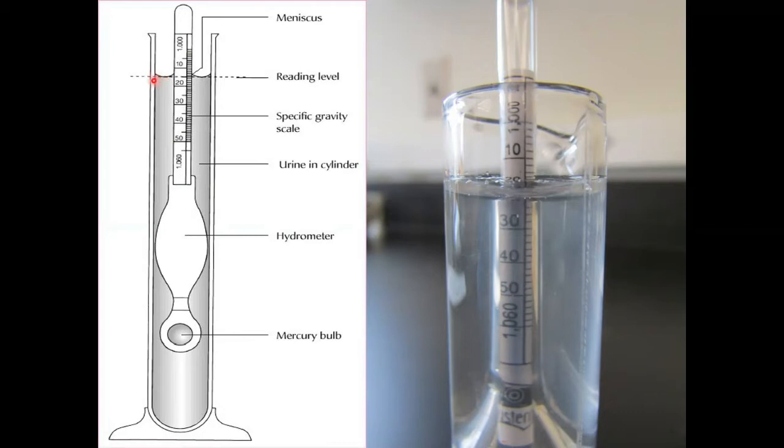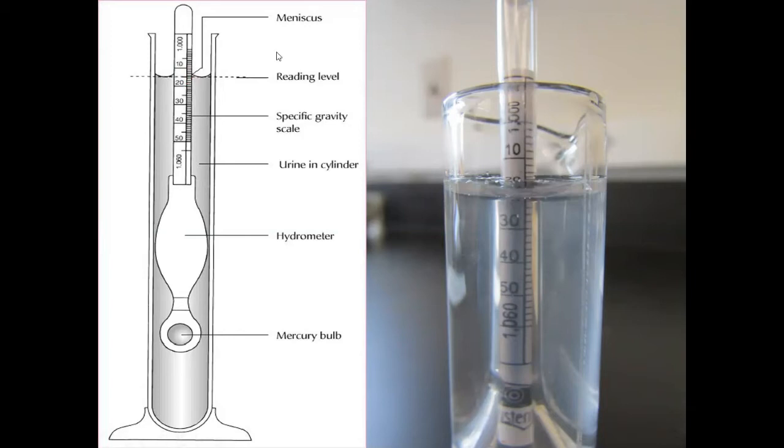And the bottom of the meniscus, right, so the bottom of the curve of the fluid is right at this level here. So what this is telling us is here we have 10, and then we count 1, 2, 3, 4, 5 lines, right? So this reading would be 1.015, right? So 10 and the additional 5 is 15, right?